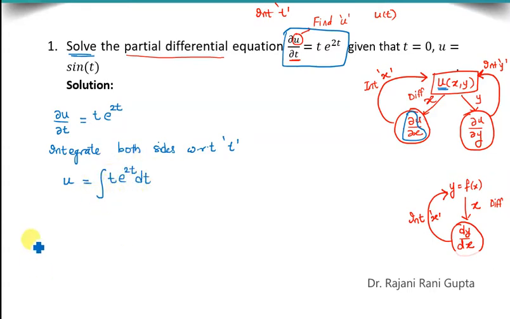Now we need to integrate this, and here the rules of integration come into the picture. t times e power 2t under the integration is a product of two terms, and it's not possible to combine them into one term. So we have to use integration by substitution or integration by parts.